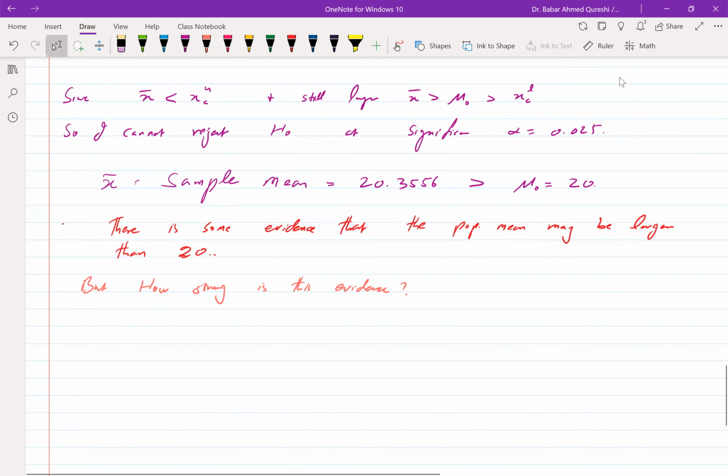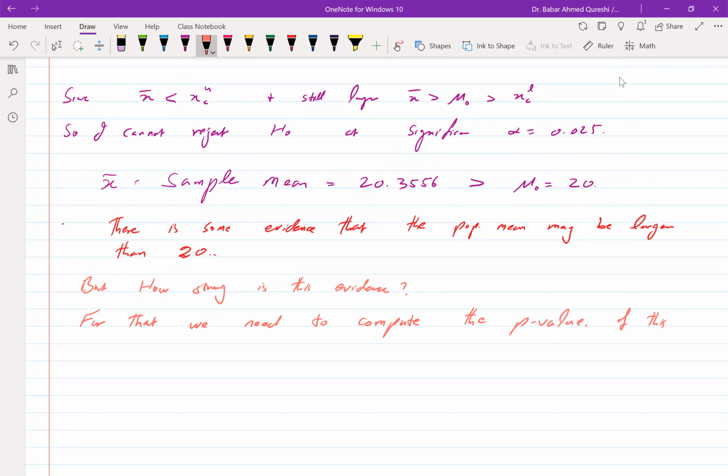For that, we need to compute the p-value of this sample. So how am I going to compute the p-value?